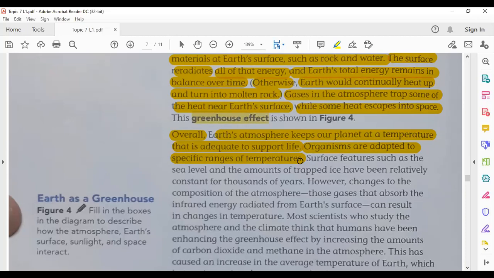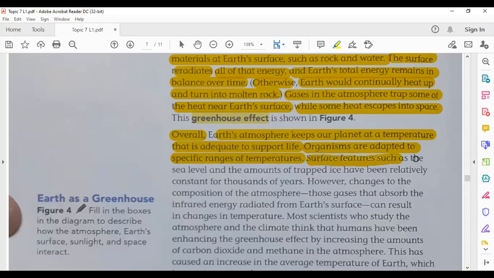Camels or desert animals are adapted to live in hot temperatures. Now, suppose the temperatures at the North Pole or the South Pole increased. The polar bear, for example, may not be able to adapt. So organisms will be affected.